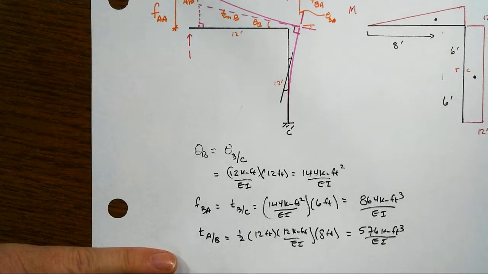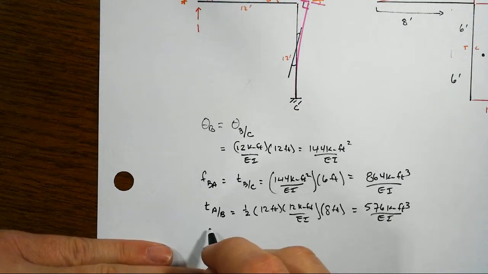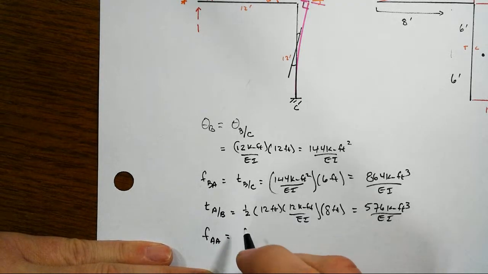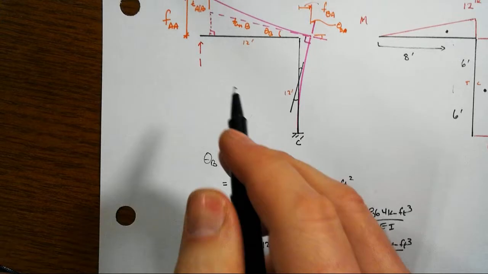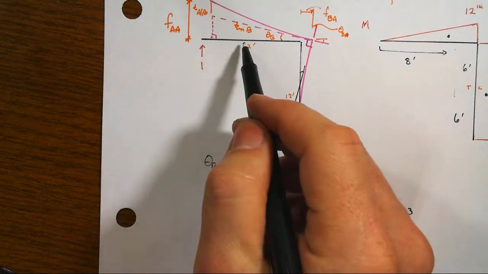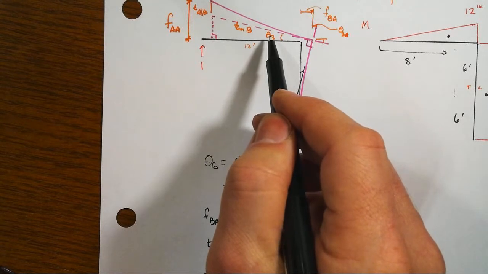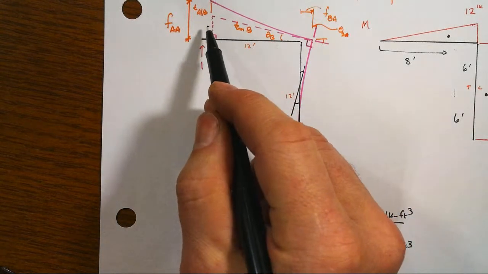So finally we can come along and say, okay, FAA, that's what we really were after initially, is going to be equal to, well, opposite over adjacent is equal to the tangent of theta B. That's real small, so that's just equal to theta B times 12, which will give us this little piece here.